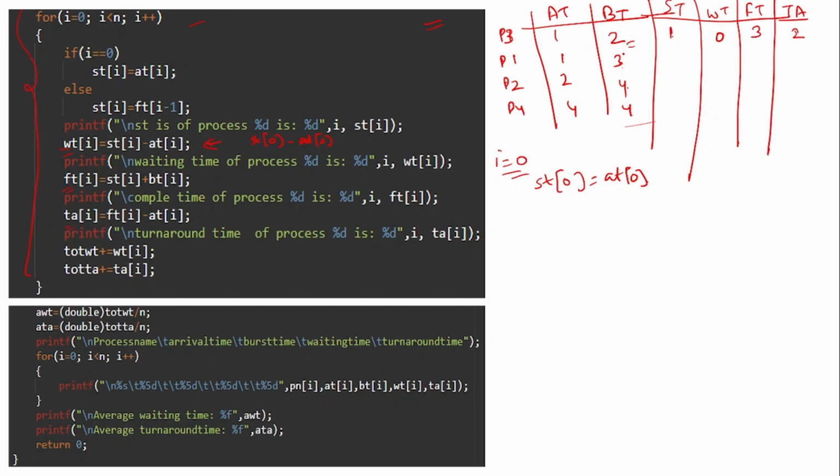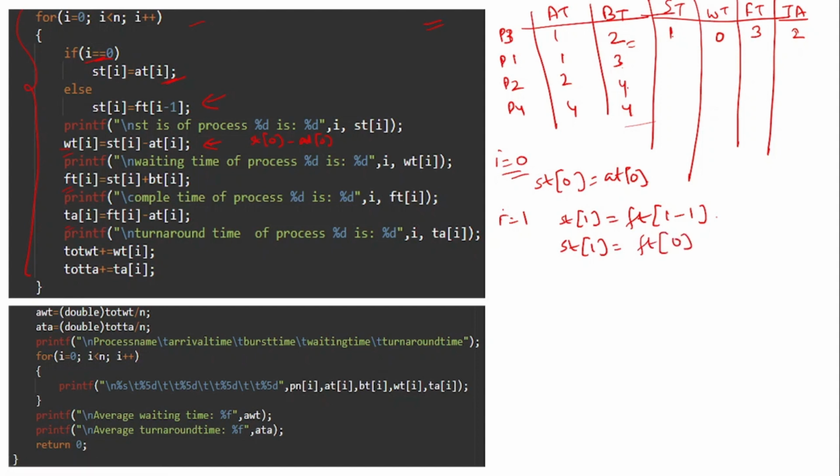And similarly, if you calculate for P1, now for i equal to 0 this was the formula, otherwise we need to use this formula. So for i equal to 1, I write st1 is equal to ft i minus 1. So that is, the start time of every process is equal to the finish time of the previous process, which is true.